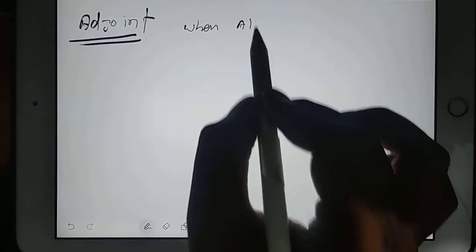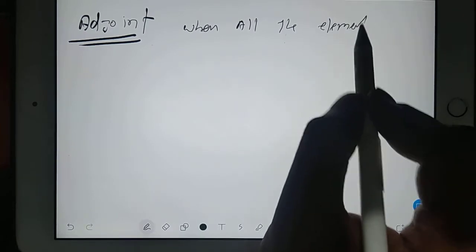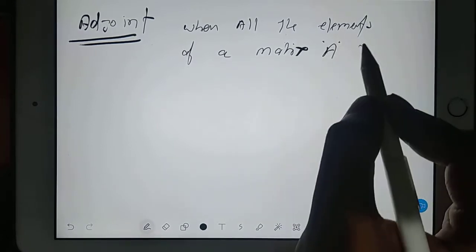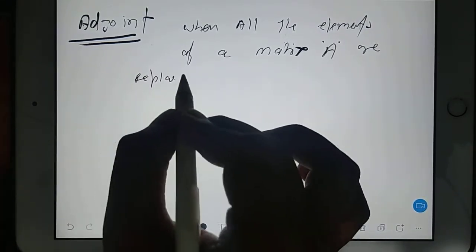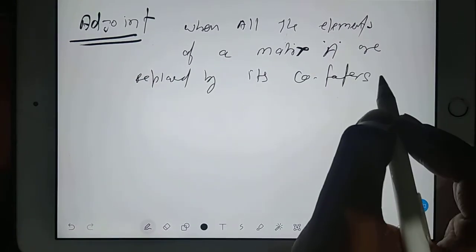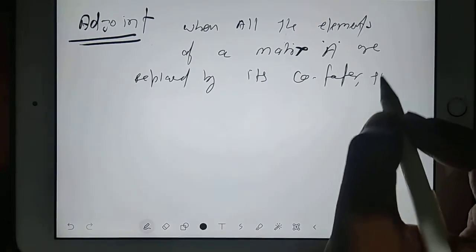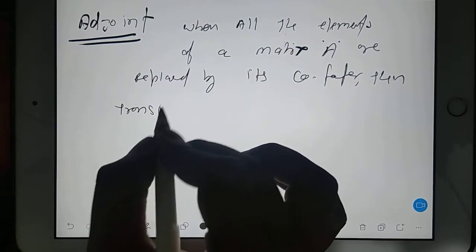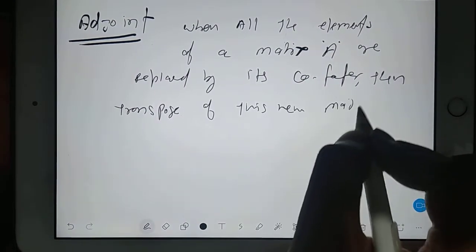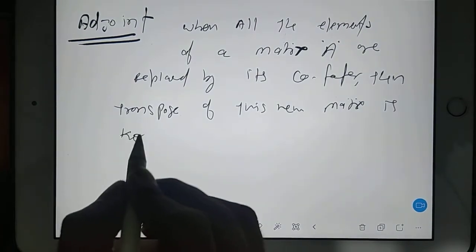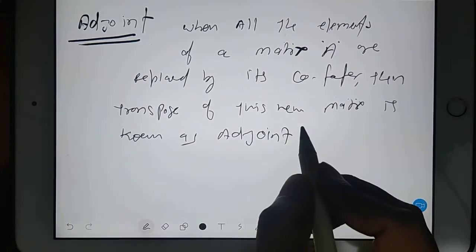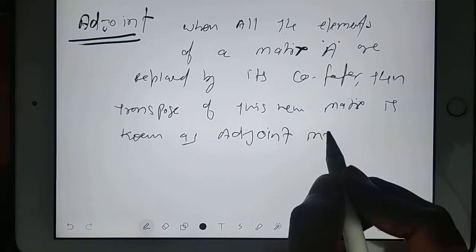When all the elements of a matrix A are replaced by its cofactor, then transpose of this new matrix is known as adjoint matrix.